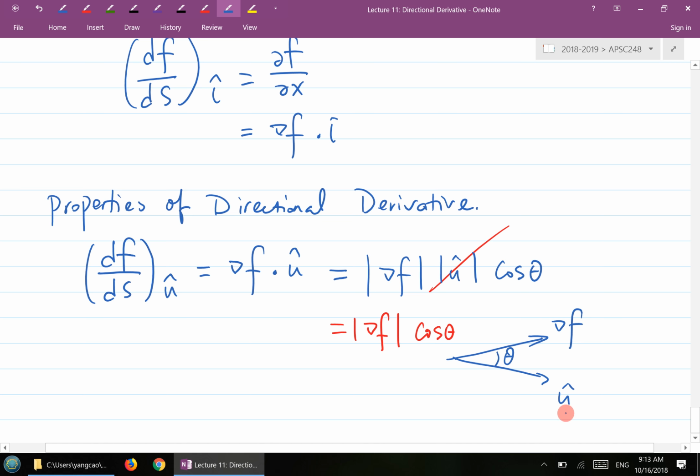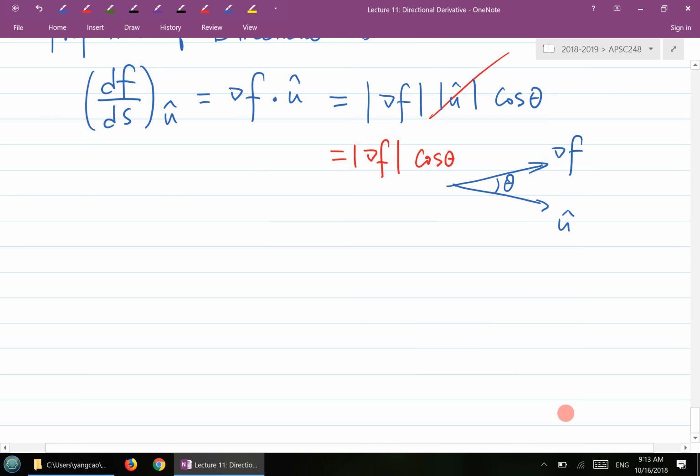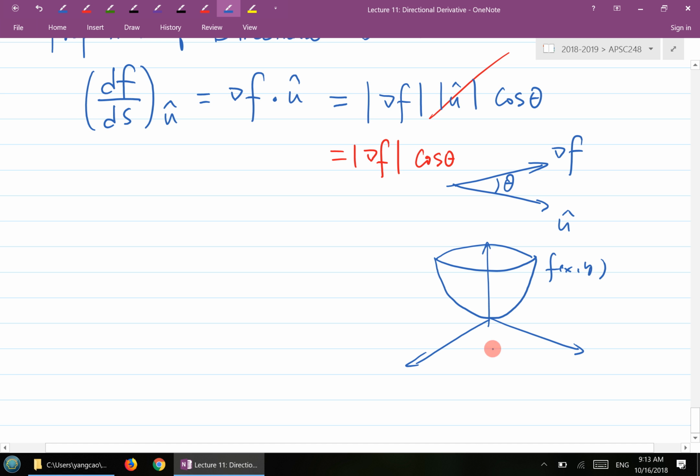Let me illustrate this a little bit. If this is my function f, let's consider a function of two variables. Then del f is a gradient vector in the xy plane.